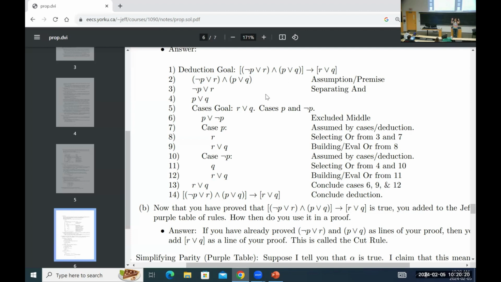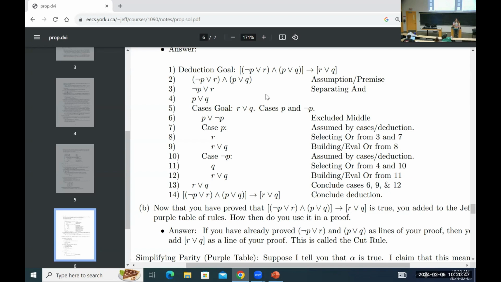By building, right? So now we have our R. So line 9 is we take the R and we build it. We know the value of R, so we're kind of evaluating, right? We build R or Q, and that's fantastic because that's what we wanted to get, right?